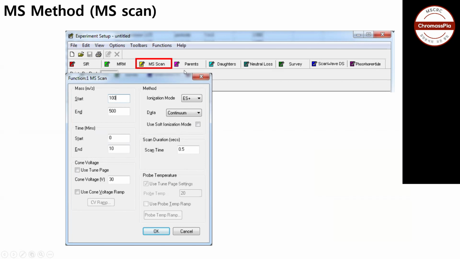And then the ionization mode and data profile are here. And scan duration we can also set in here. It's intuitive. I think everyone can make this MS scan method.